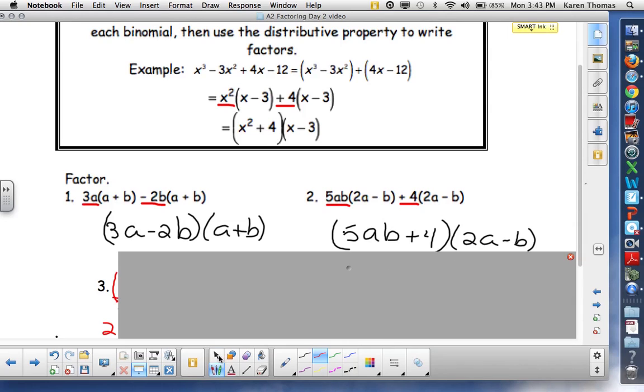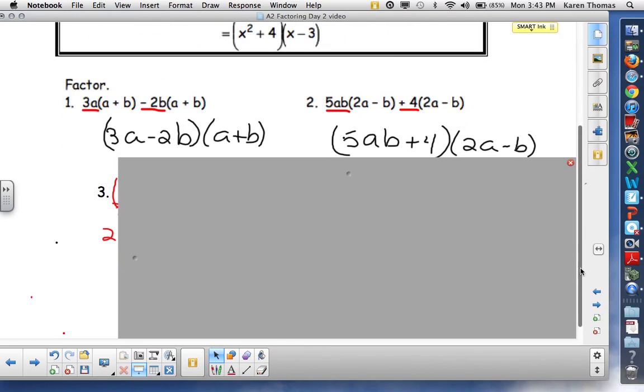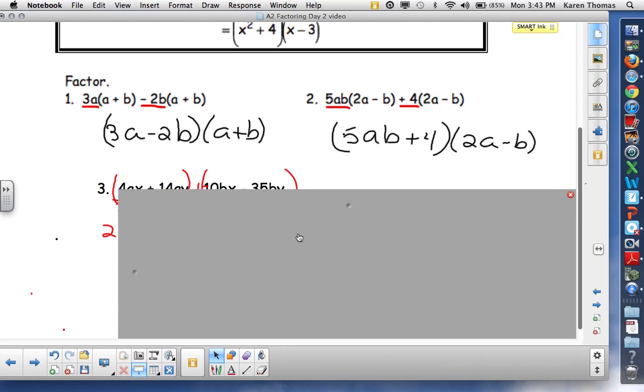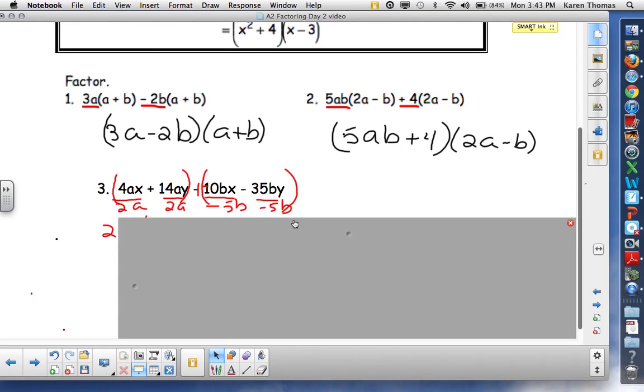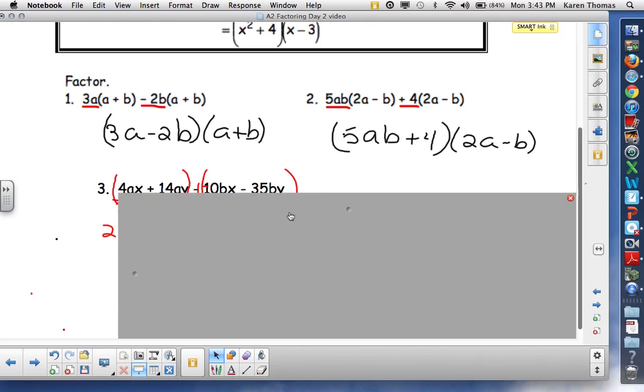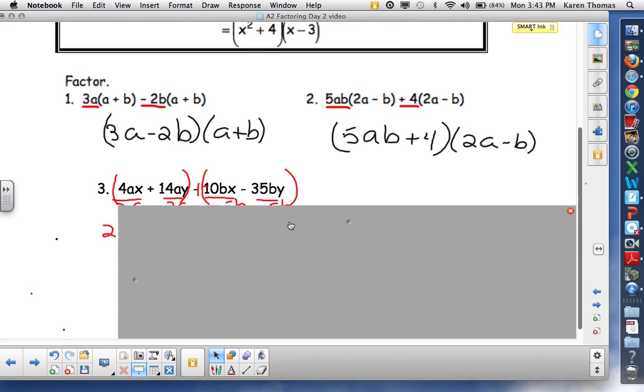But not all of the examples I have here are done for us. Let's look at number 3. Okay. I have 4ax plus 14ay minus 10bx minus 35by. Lots of stuff going on there.